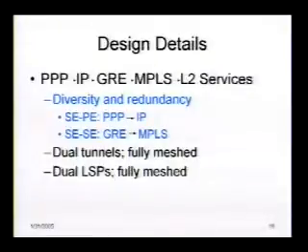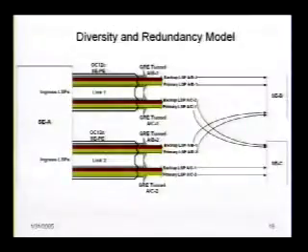So some of the design details. I already talked a bit about the diversity and redundancy at the SE to PE attachment circuits. We also stretched this out from SE to SE with our GRE and LSP design. In this diagram, we have 3 SE nodes, SEs A, B, and C. Using the 2 OC12 connections labeled Link 1 and Link 2, GRE tunnels are built between the SE nodes in support of multiple LSPs.